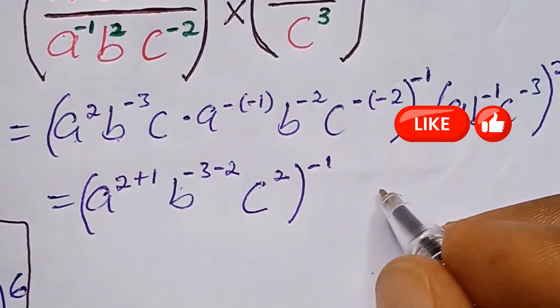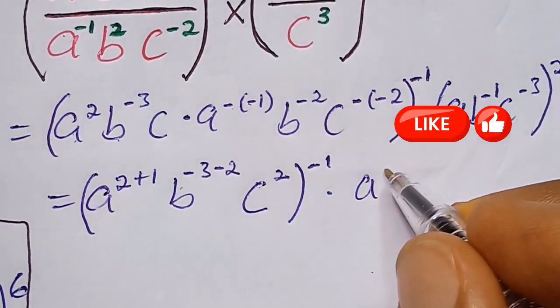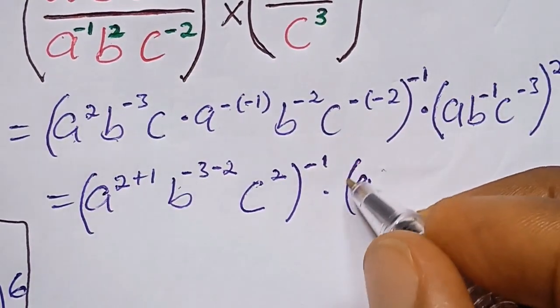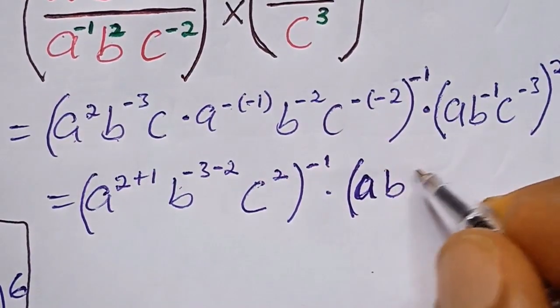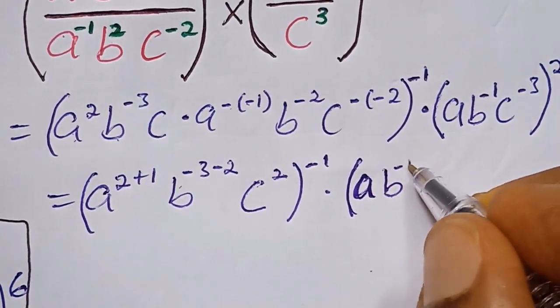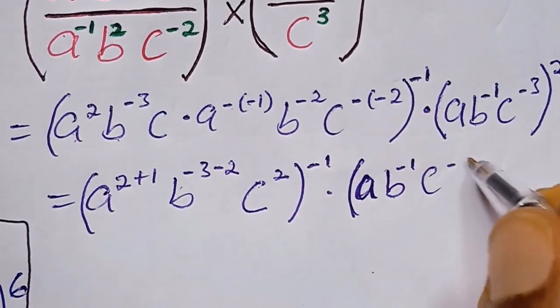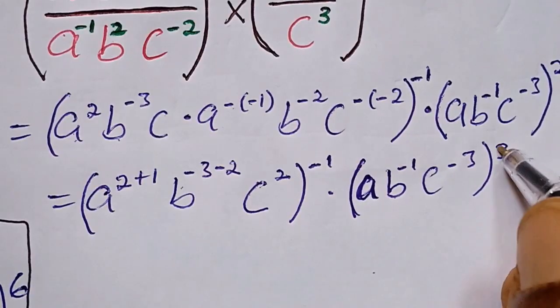Then for this, we have multiplied by a into bracket a, b multiplied by b raised to power minus 1, then multiply by c raised to power minus 3, then raised to power 2.